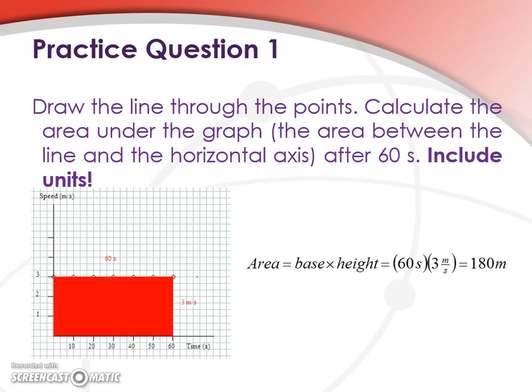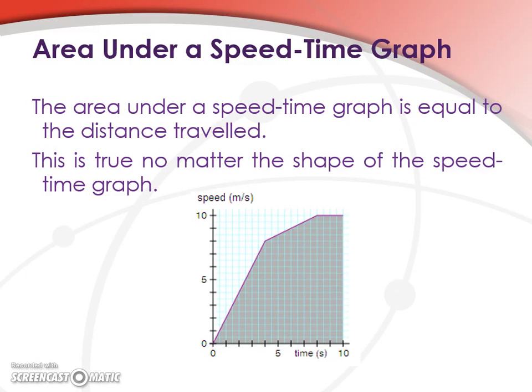So that's an interesting point, right? If we follow through our units, our area on a speed time graph, the units are in meters, distance traveled. And this is our important takeaway message from this. If we have a speed time graph, the area underneath the curve is the distance traveled.